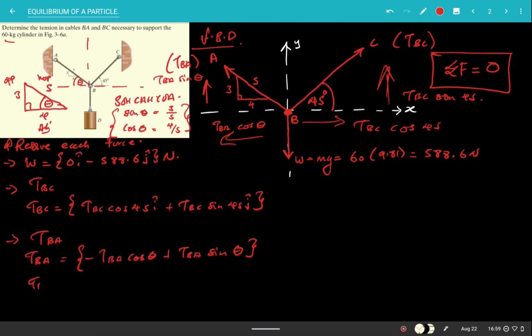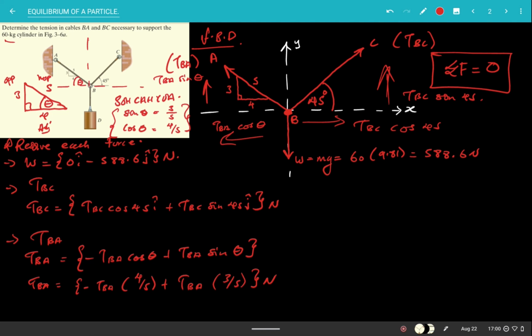Now cos theta is represented as this here, so it's going to be 4 over 5, plus TBA sine theta, and sine theta is basically 3 over 5. So I'll show it as 3 over 5 like that. And this as well would be in newtons, just like this other one.